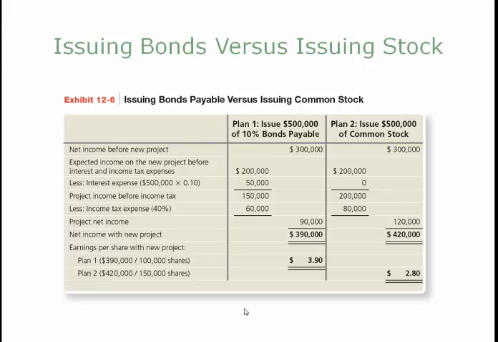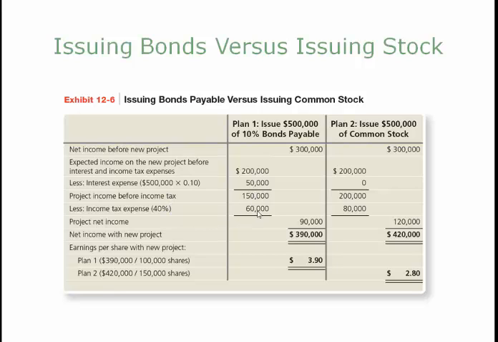Here's a little calculation. You'll notice there are two plans. The first plan says we're going to issue $500,000 of 10% bonds payable. And what happens is we've now created, and this is an income statement, $50,000 in interest expense. The income before income taxes is $150,000.